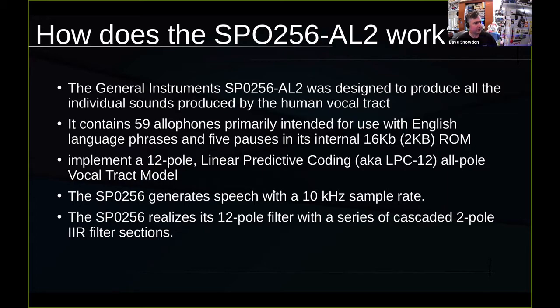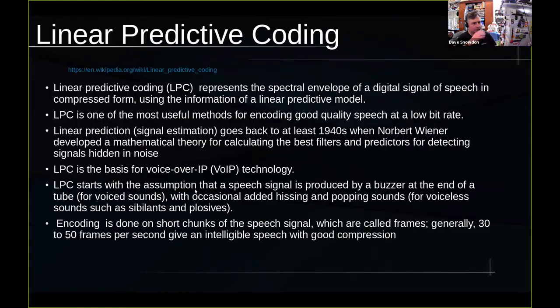It's got a 10 kilohertz sample rate, and it uses a 12-pole filter. And I stole this again from Wikipedia. I don't know the total ins and outs. I guess the interesting thing about linear predictive coding is it came to be the basis of voice over IP. So if you believe Wikipedia, it's still one of the best ways to represent speech at a low bit rate.